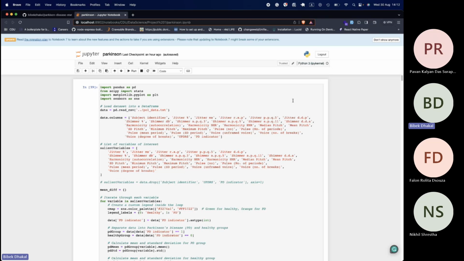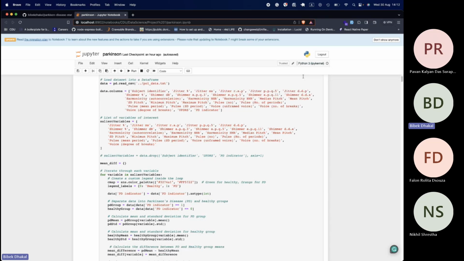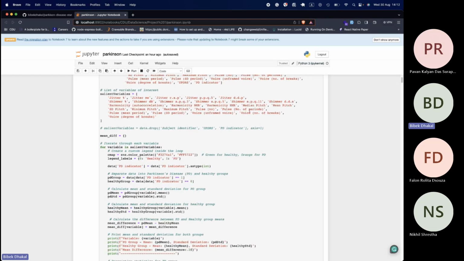What we have done in this project is that we have calculated the mean and standard deviation according to the PD and the healthy persons. We distinguished the PD group and the healthy group, denoted by 1 and 0, and we calculated the mean and standard deviation.